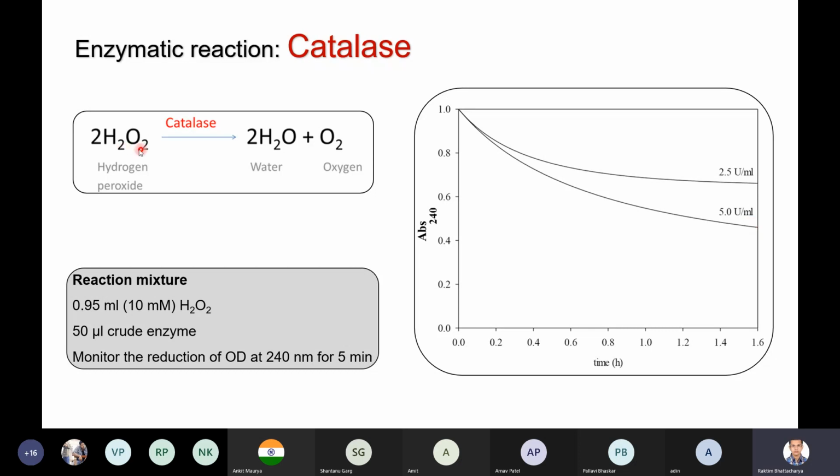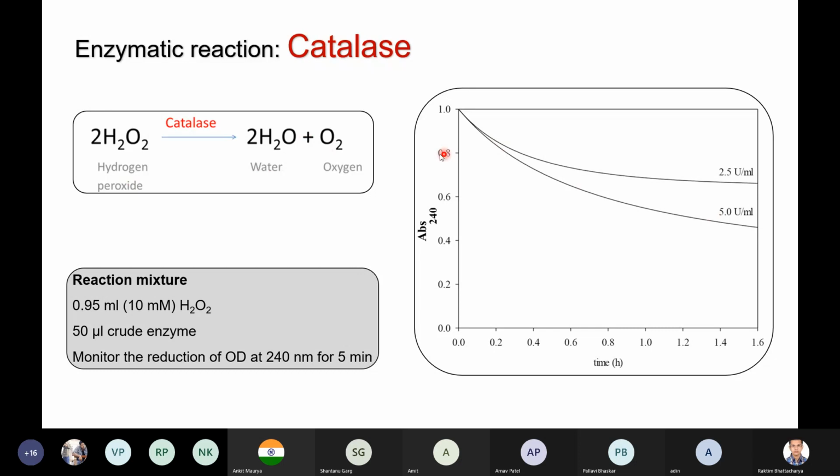Because the hydrogen peroxide in the reaction mixture will get degraded, and only water and oxygen will be produced. Sometimes superoxide radical will be produced, but it readily converts to water and oxygen again. Oxygen will not stay in the water, it will go to the upper part of the tube in gaseous form. So the absorbance of water is less than the absorbance of hydrogen peroxide. That's why the absorbance is coming down.